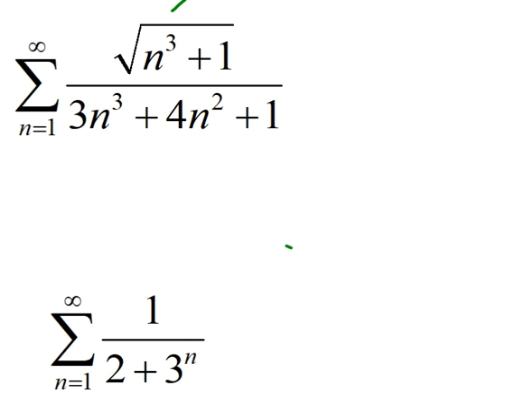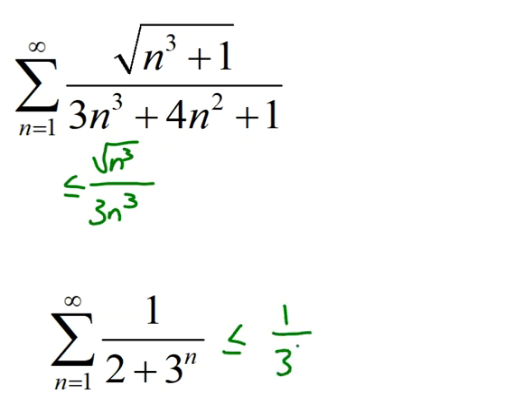On this one, I would compare the numerator to the square root of n cubed over n cubed, because this will always be less than or equal to my sequence. The series will always be less than or equal to the square root of n cubed over 3n cubed. This bottom one I would compare because this is always going to be less than or equal to 1 over 3 to the n. So both of these are comparison tests.